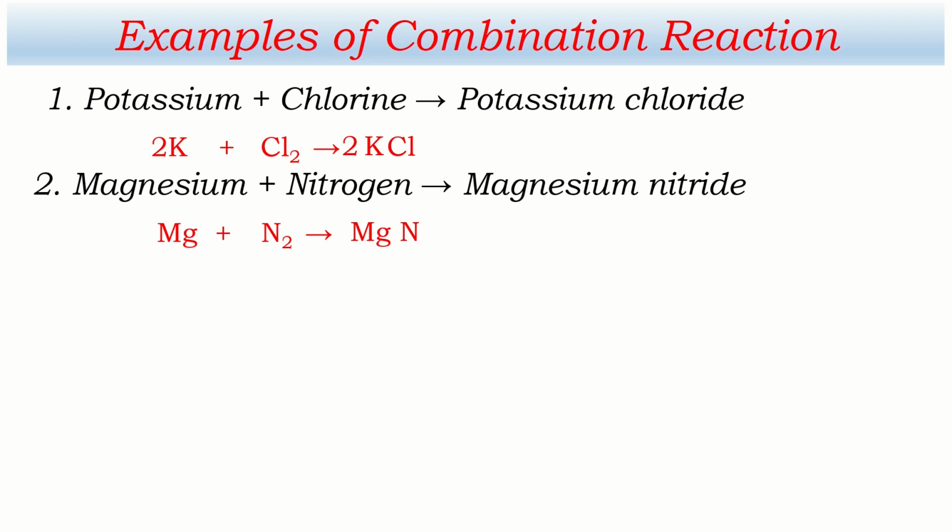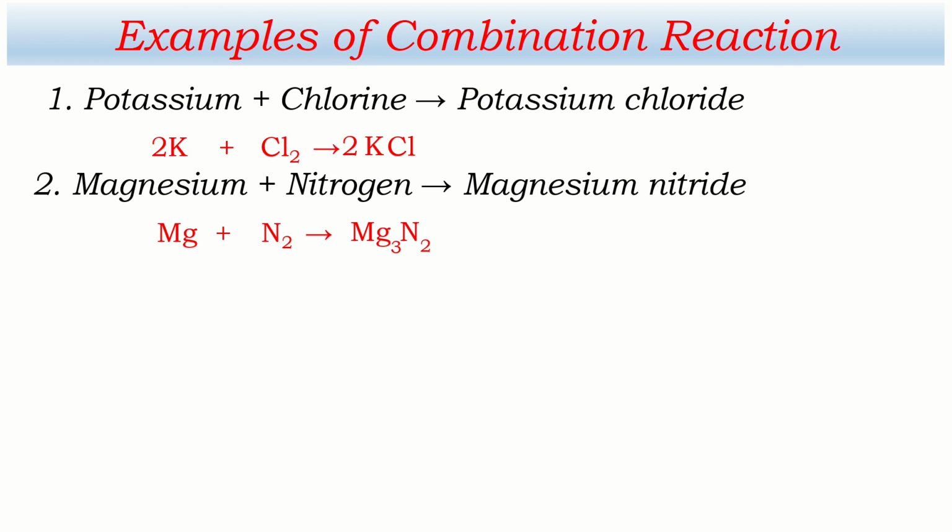Now we have to exchange the valency in this compound. Magnesium valency 2, nitrogen 3. So the valency of magnesium should be given to nitrogen, and that of nitrogen should be given to magnesium. This way, the molecular formula of magnesium nitride is Mg3N2.